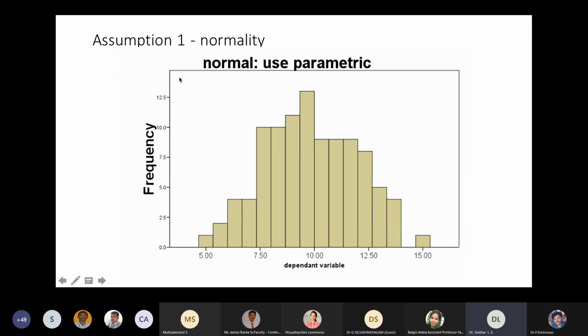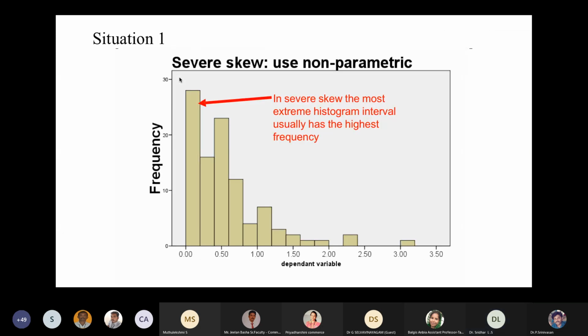Your numbers are grouped here in the histogram, and you can declare that this is normal, this is parametric. So next, sir. Next slide.